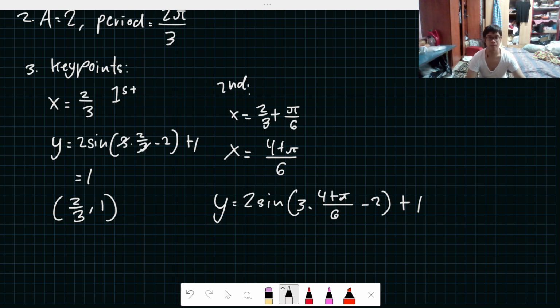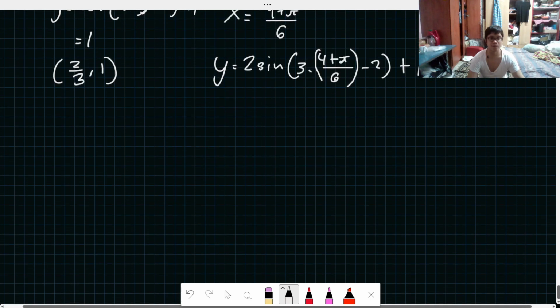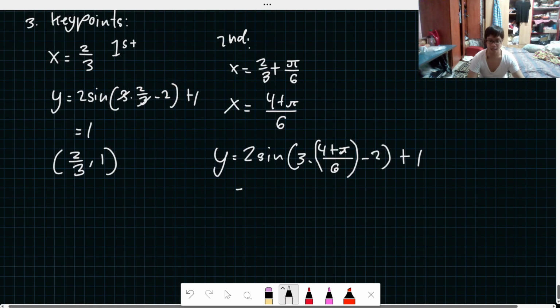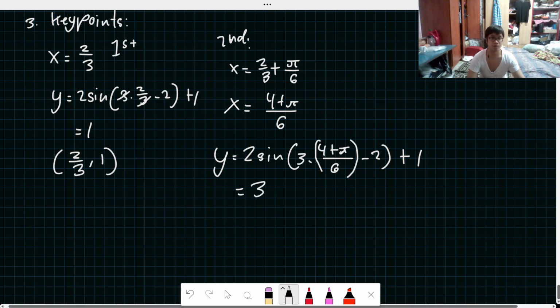All right, I'm back. So when you substitute 4 plus pi all over 6 here in your sine function, you will actually get an exact answer of 3. Wow, actually. So that means the second key point will have the coordinates of 4 plus pi all over 6 and 3.